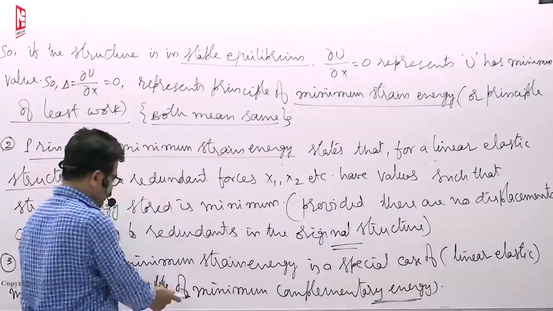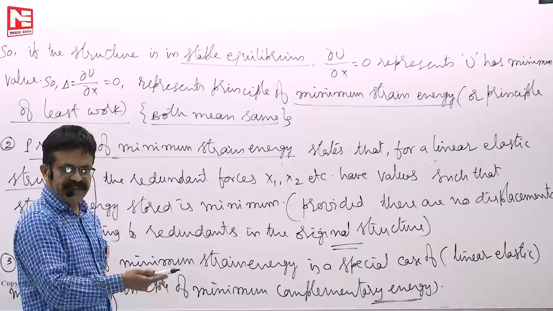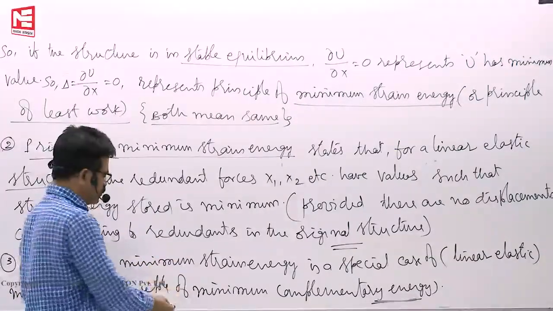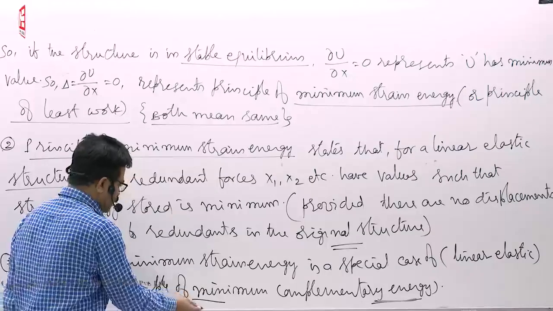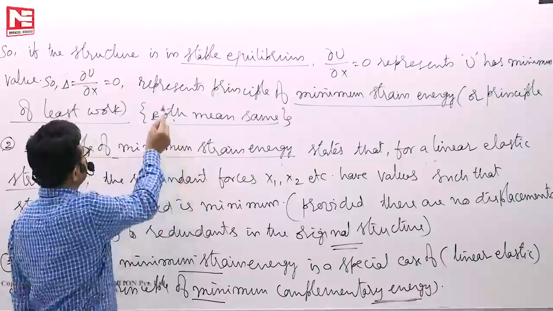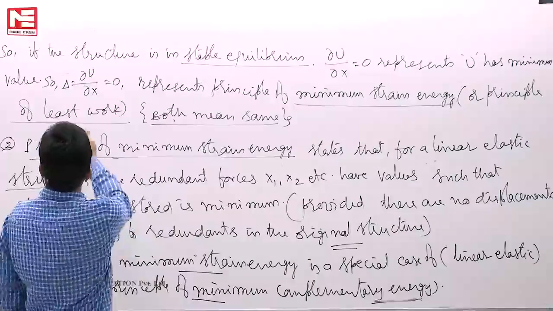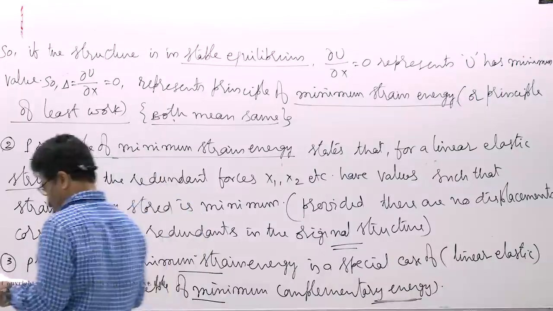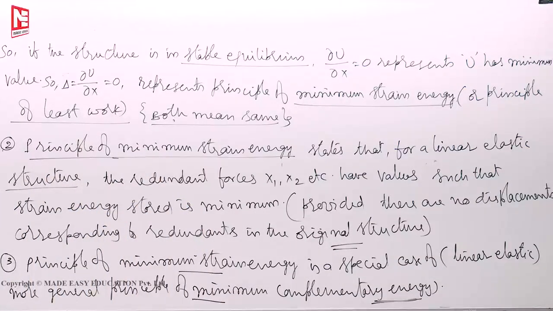Minimum complementary energy is applicable to linear and non-linear structures. If we use it for linear elastic structures, minimum complementary energy becomes minimum strain energy. Again, this minimum strain energy is a particular case of Castigliano's theorem 2. So here, this I remove.